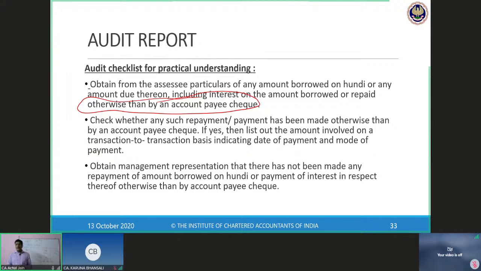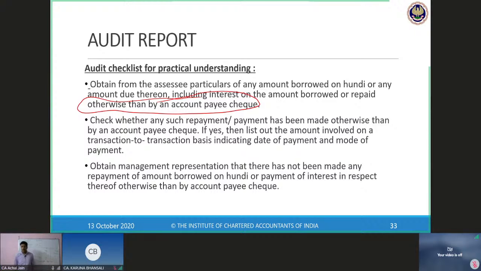If yes, then list out the amount involved on a transaction to transaction basis, indicating the date of payment and the mode of payment, because the mode of payment will now be important to be reported, since it has to be by an account payee cheque. But if that is not by an account payee cheque, then the mode of payment, as to what that was, is required to be furnished in terms of various details, including the date of payment.